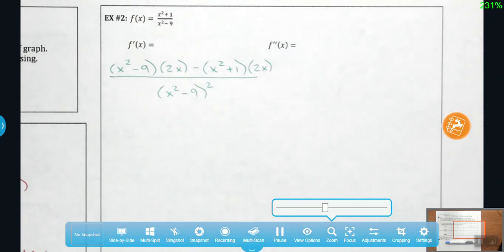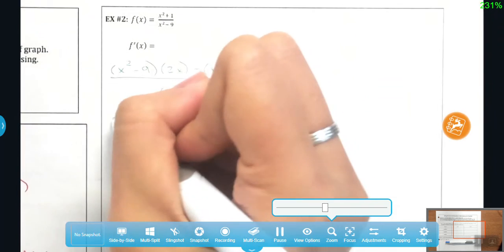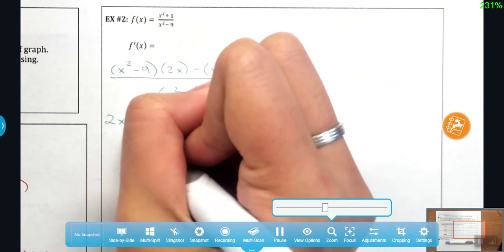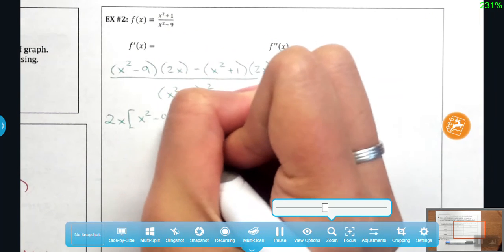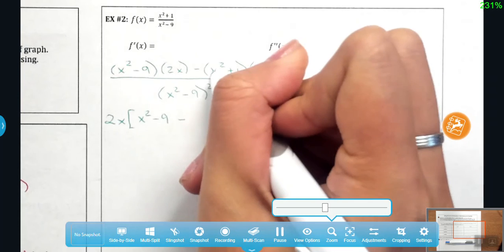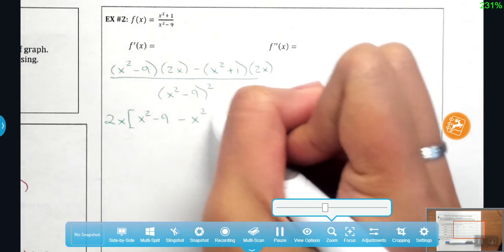Okay, at this point, here's something that you should know how to do. See how this term has a 2x and this term has a 2x? Factor the 2x out. Then you have x squared minus 9 minus, and distribute that negative, x squared minus 1.